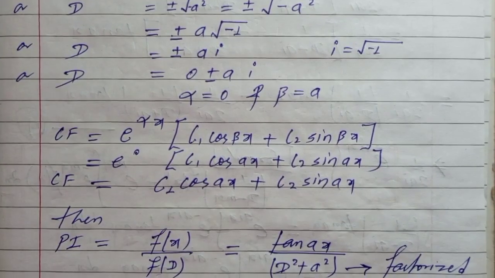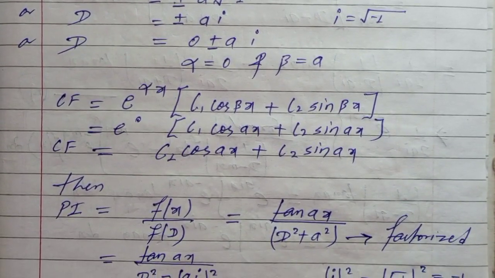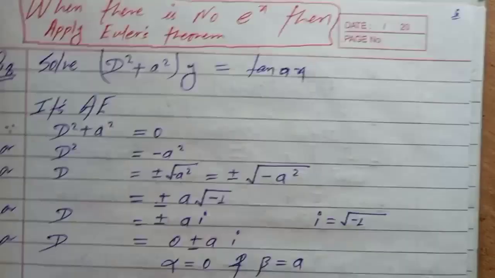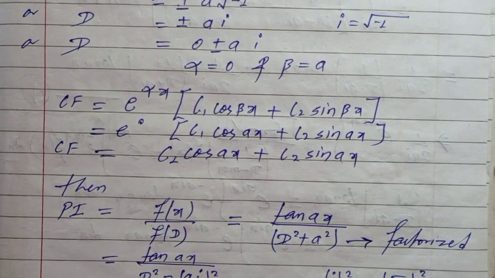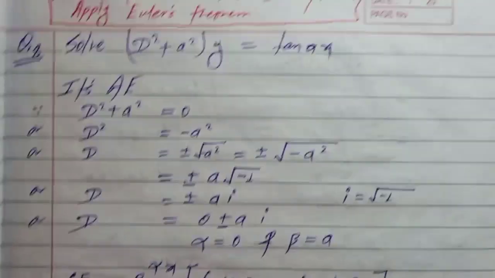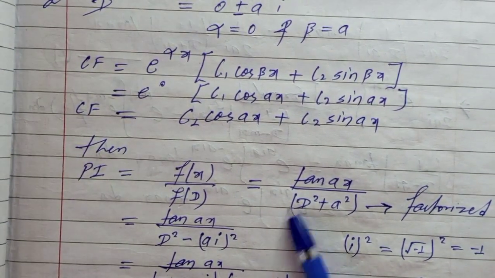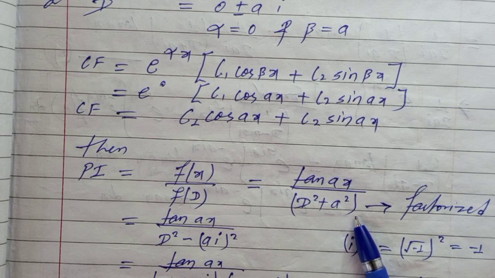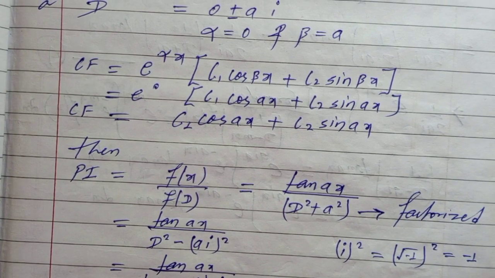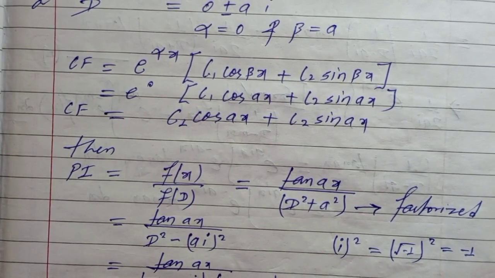So PI equals function of x divided by function of D, and our function of x is tan ax, divided by function of D, which was D square plus a square. So we got our term like this, tan ax by D square plus a square, and we are solving this question by the general method.